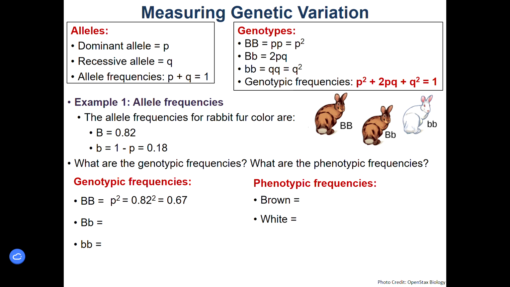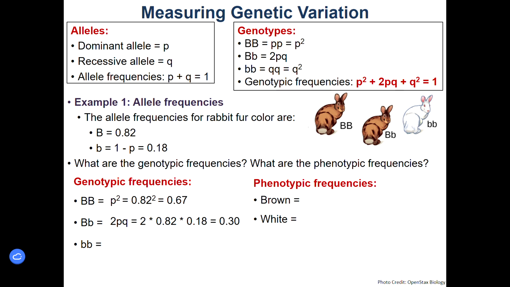How are we going to figure out our heterozygotes? 2PQ. So 2PQ is how we figure out heterozygotes. So 2 times our P, which is 0.82, times Q, which is 0.18, is equal to 0.3.